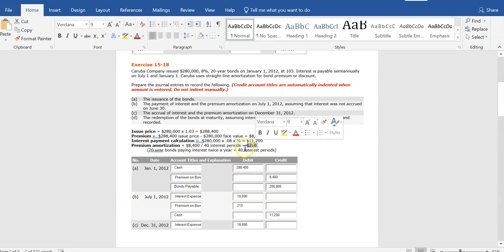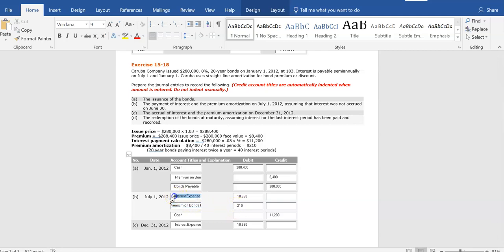That means when I make my first interest payment, I pay cash of $11,200 to the bondholders. I will decrease this premium by the amount of amortization of $210. So I am decreasing the premium on bonds payable with a debit.